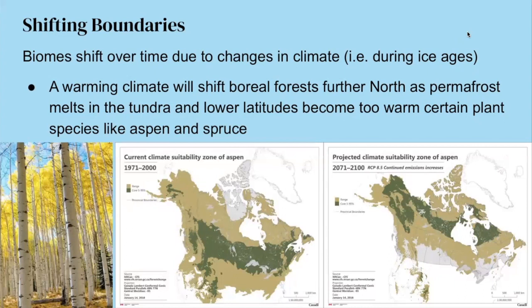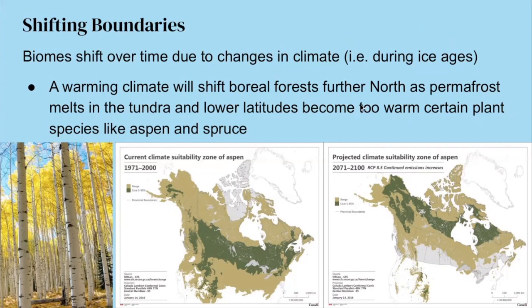Also, in the lower latitudes, aspen and spruce specifically can't survive in areas that are too warm. So as areas that are further towards the equator become warmer, those aspen and spruce will not be able to survive in those areas as well. So they'll die off, and we'll see a shift in this range more north.